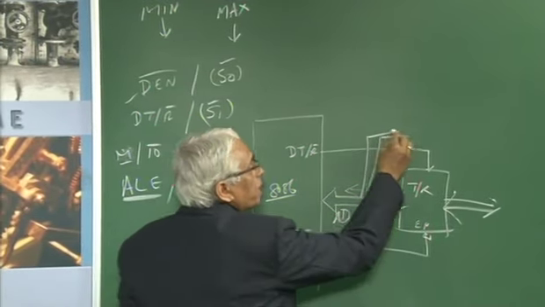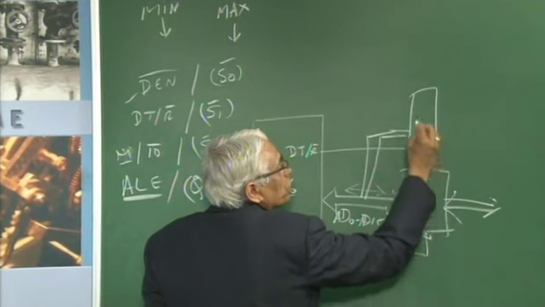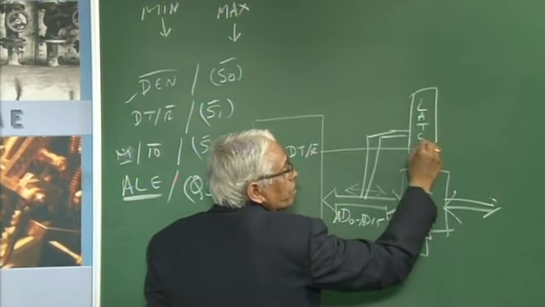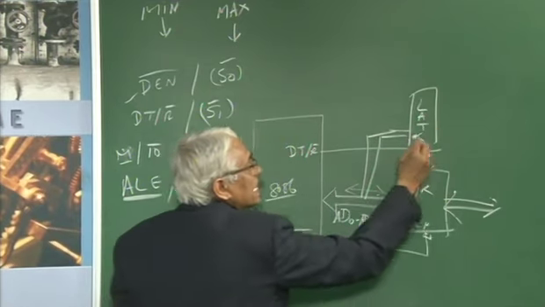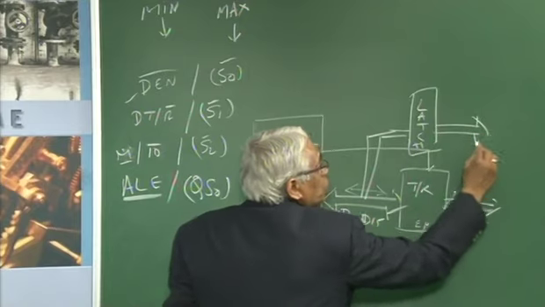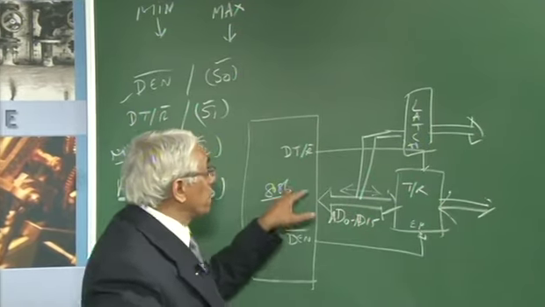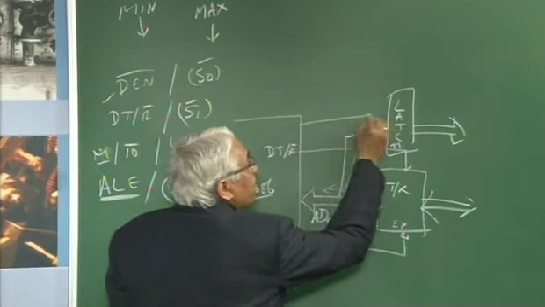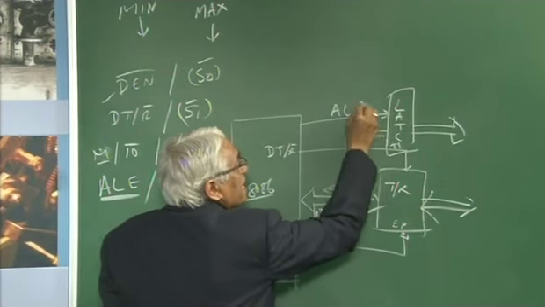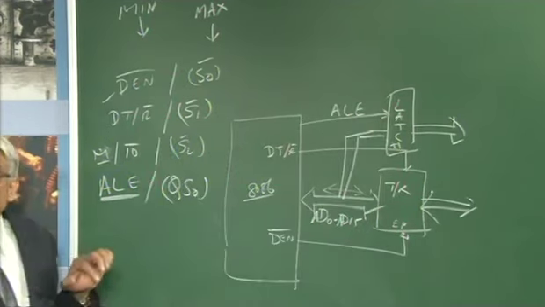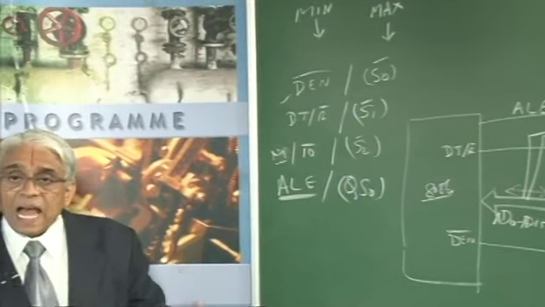This AD0 to AD15 has to be captured using a latch, and this latch will store the address during the T1 state by using the ALE signal. ALE basically means address latch enable.